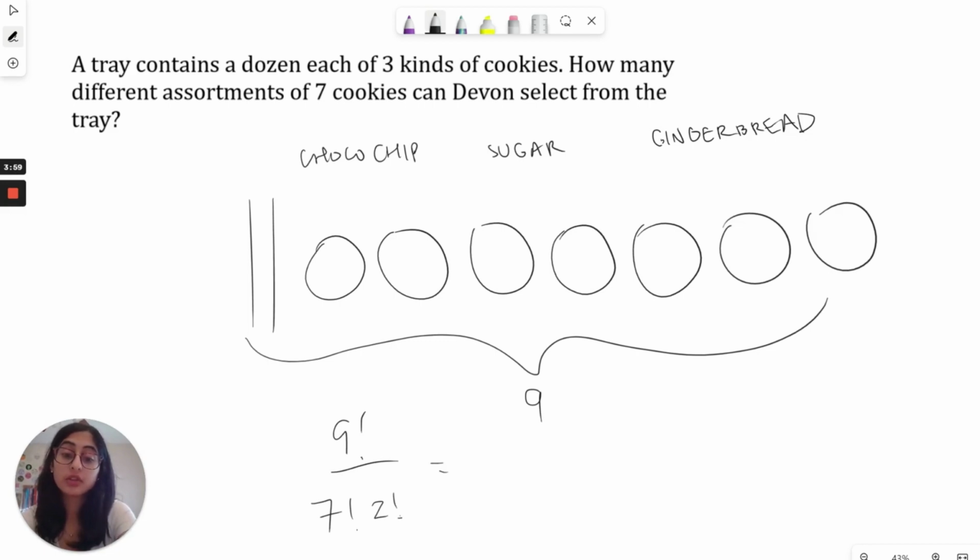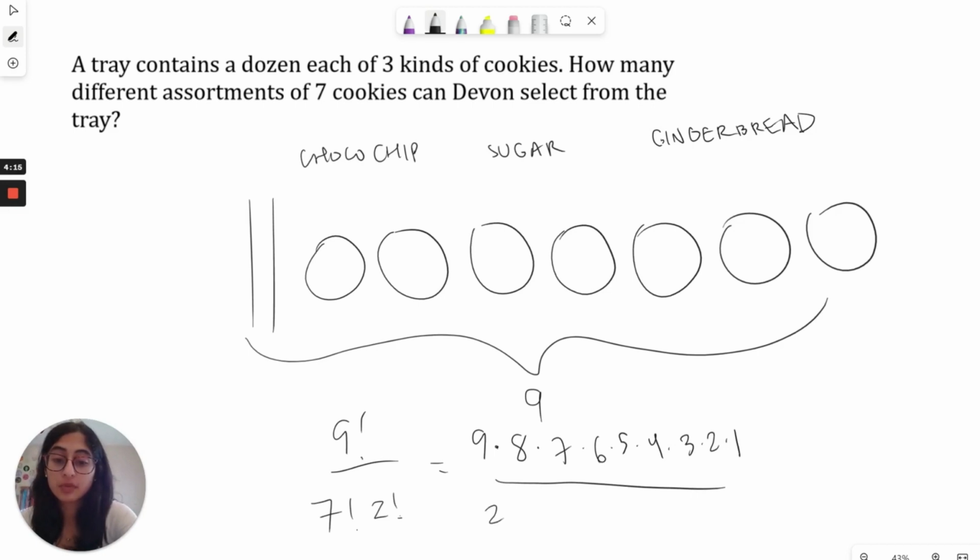And remember, a factorial is just the number times every integer less than it. So 9 times 8 times 7 times 6 times 5 times 4 times 3 times 2 times 1. That's 9 factorial. And then on the bottom, we have 2 factorial, 2 times 1, times 7 factorial, which is again 7 times 6 times 5 times 4 times 3 times 2 times 1.